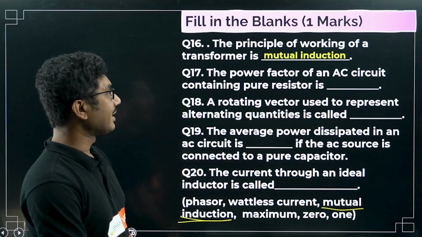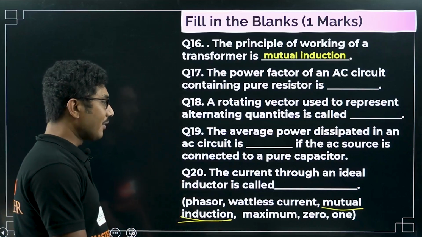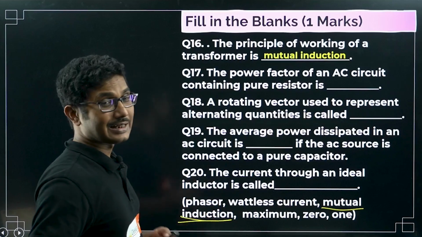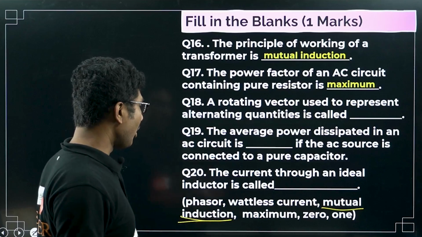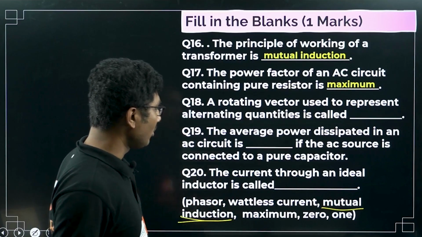The power factor of an AC circuit containing a pure resistor is 1. You can answer maximum, or you can answer 1 also.